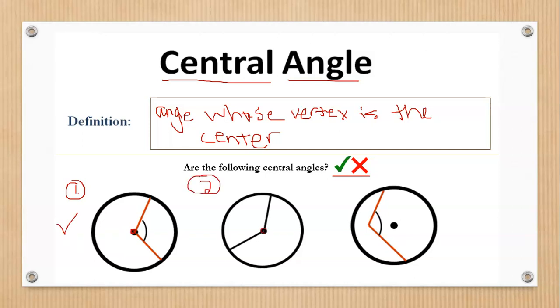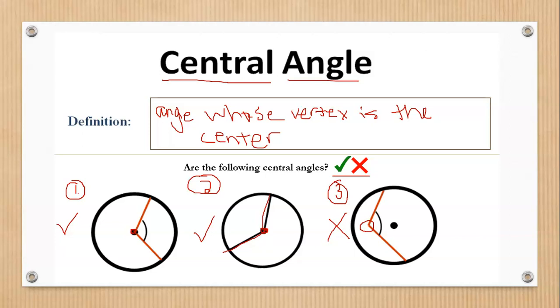The vertex is the center, and the edges go to the outside of the circle. That is a central angle. Number 3 here, you can see that there's an angle formed, but the vertex, it's not on the center of the circle. It's kind of hanging out, it's floating. So this is not a central angle. Number 3 is an example of not a central angle.